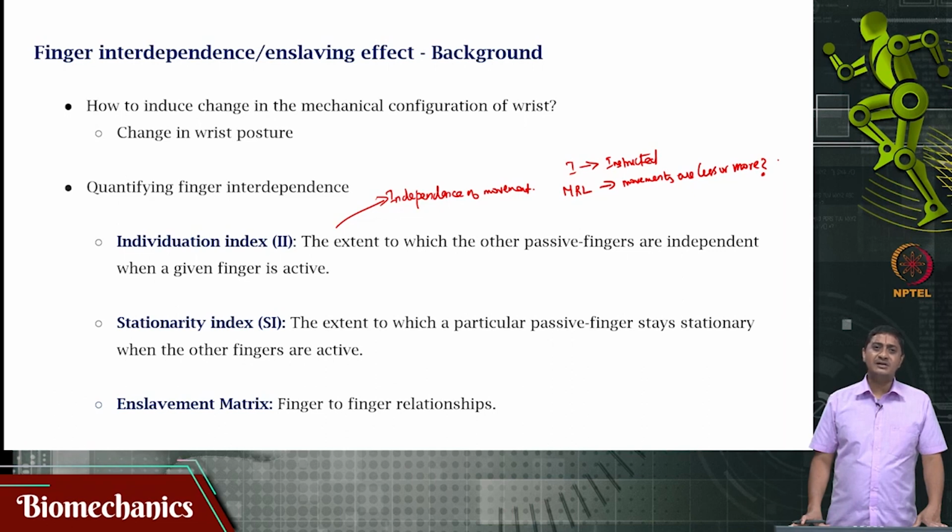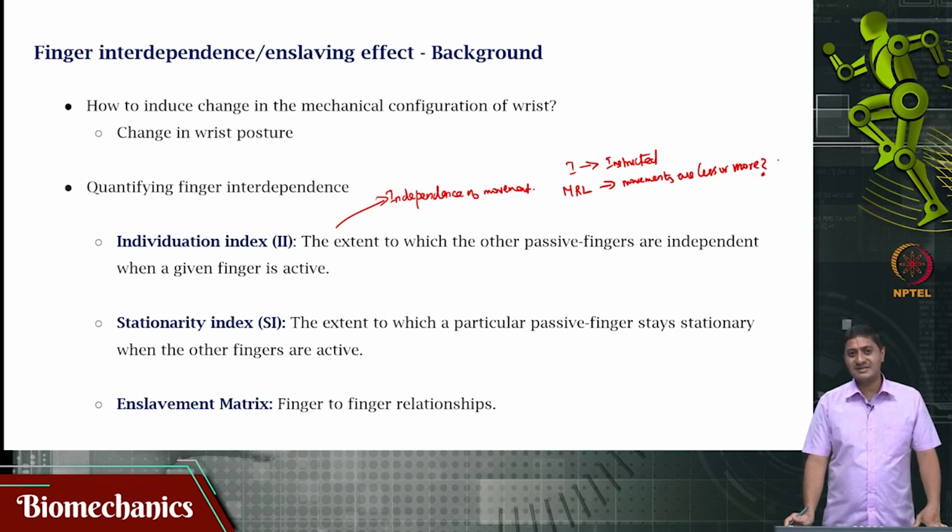Its ability to stay stationary when some other finger is the instructed finger. The ability of a given finger to continue to stay stationary when it is not the instructed finger, when it is the passive or the non-active or the non-instructed finger. That is, it is not being affected by the other finger movements.